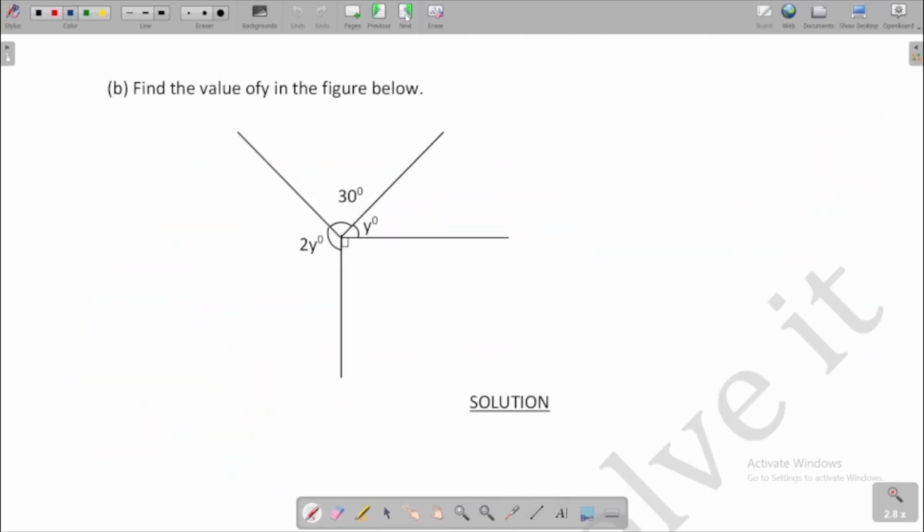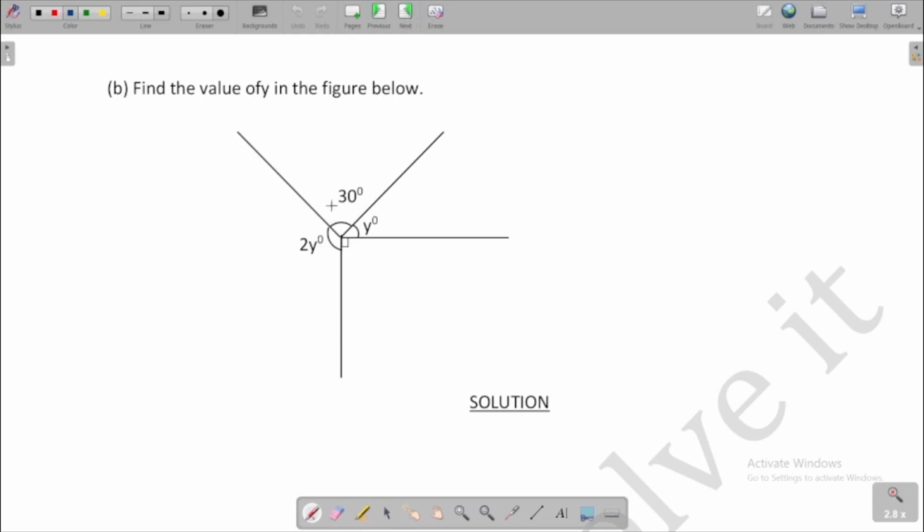The next question says, find the value of y in the figure below. To solve this, we need to understand angles.